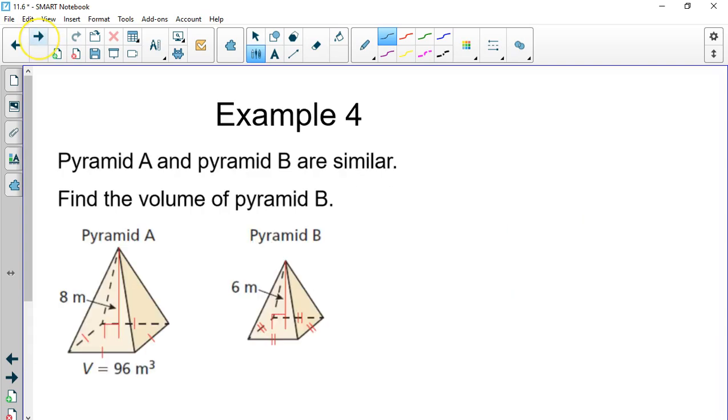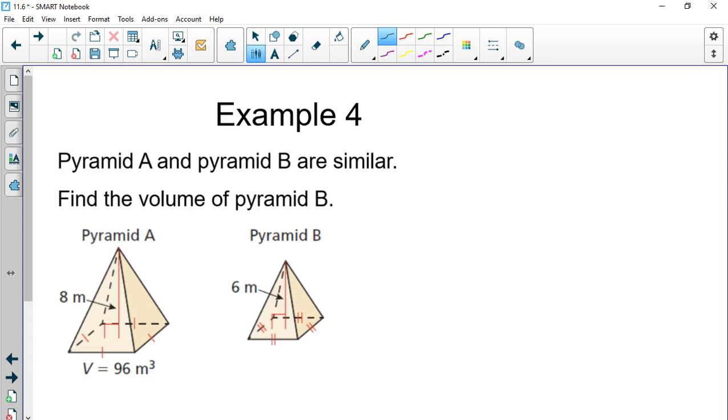All right, next example. Example 4. A and B are similar. Find the volume of pyramid B. For this one, it's actually easier than most. There's an extra step involved.